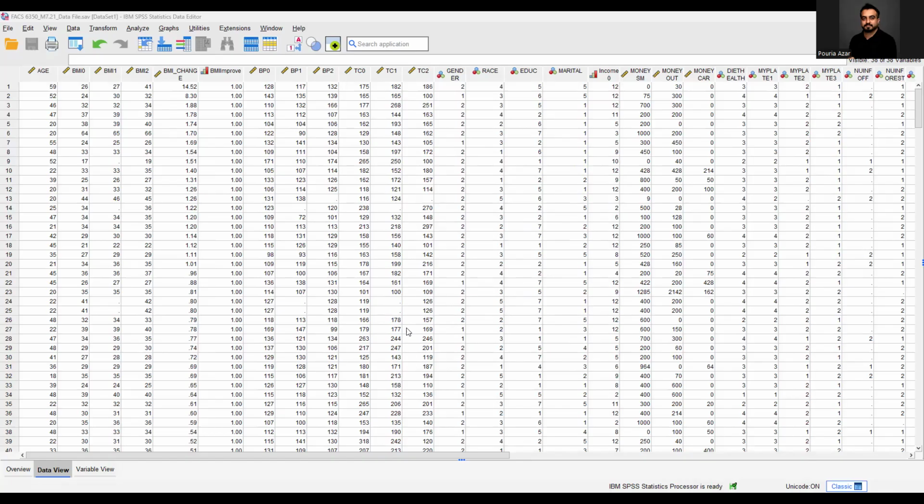So the first table is the descriptive statistics, including the mean of systolic blood pressure at baseline and the mean of the systolic blood pressure at the 2 or 6 month mark, and the sample size. This is the same number because I'm comparing pre and post.